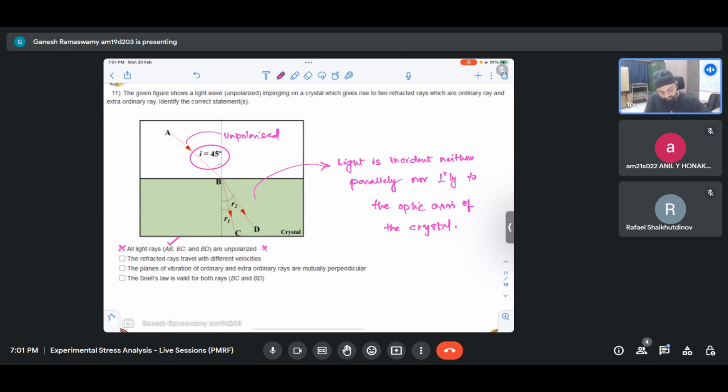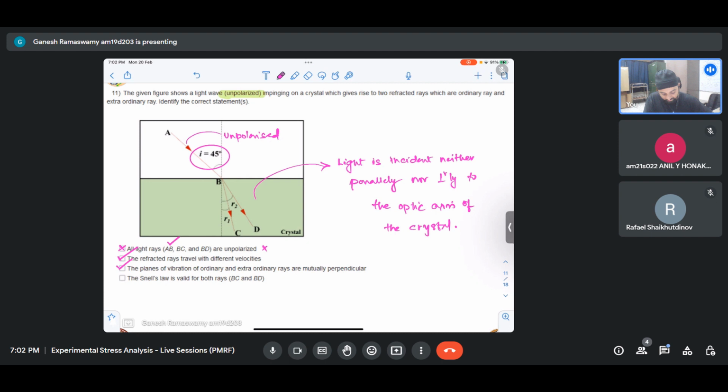Only AB is unpolarized, and that is because it is mentioned in the question. The refracted rays travel with different velocities. Yes, this is true. The planes of vibration of ordinary and extraordinary rays are mutually perpendicular. Yes, this is also true. If we represent one by the plane of the screen, the other would be traveling in the out of plane direction.